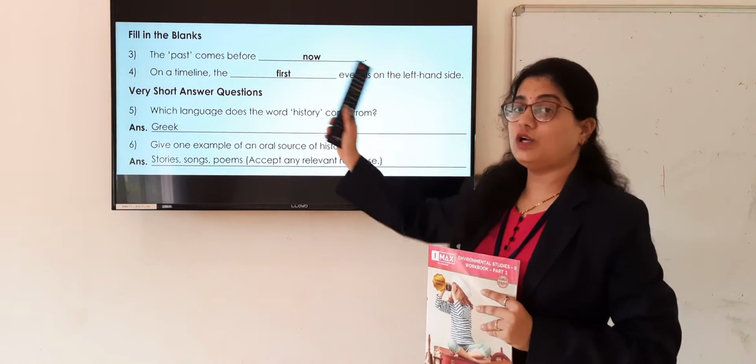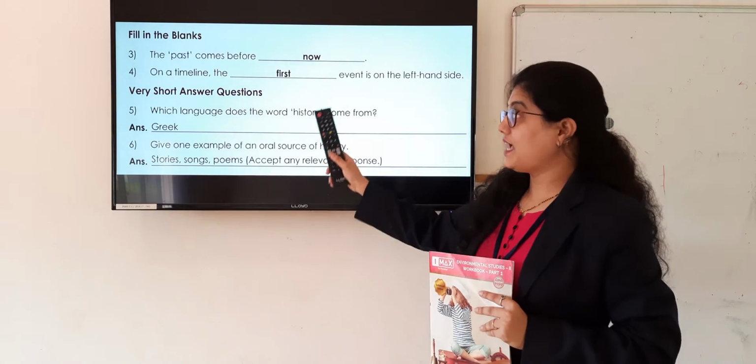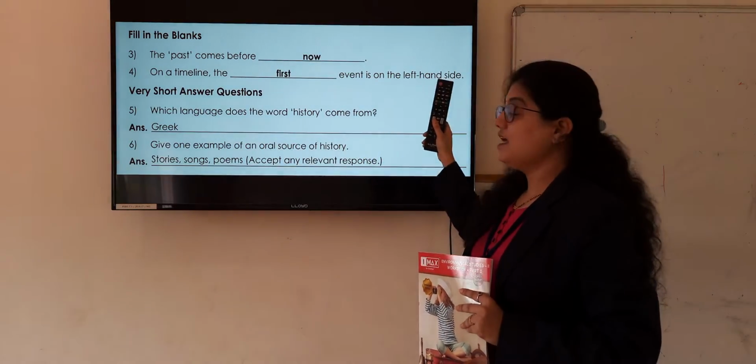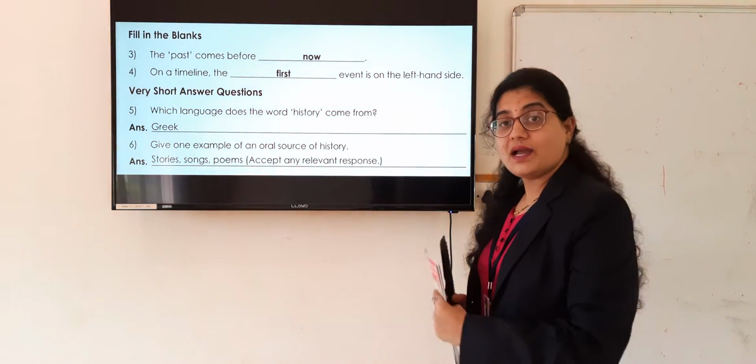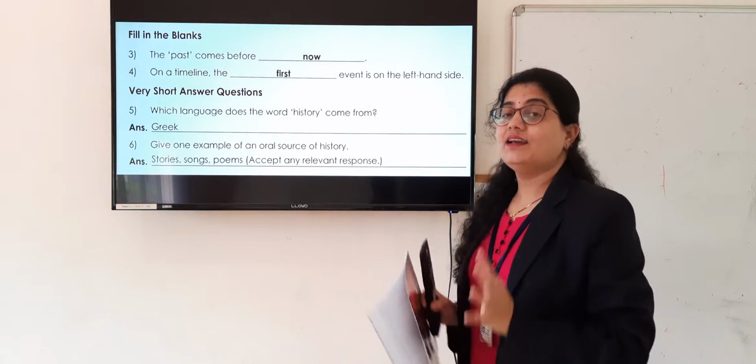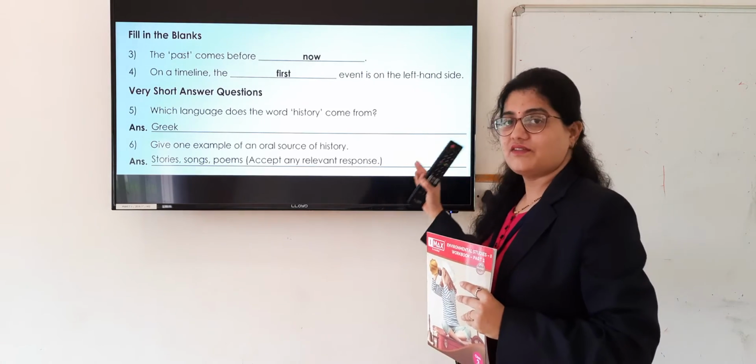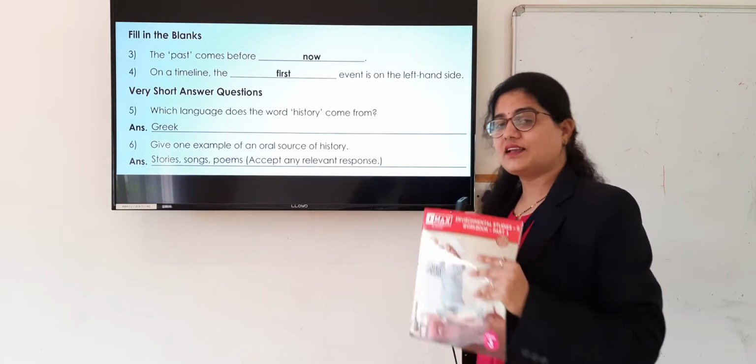Now the fourth one is, on a timeline the dash event is on the left hand side. Now my dear students, you all know that a timeline is a drawing on which the past events are marked in a sequence.